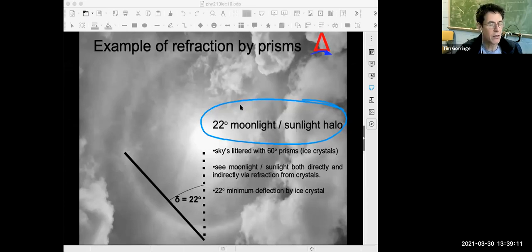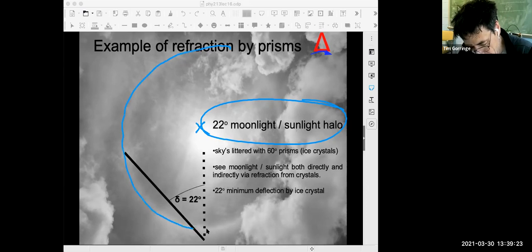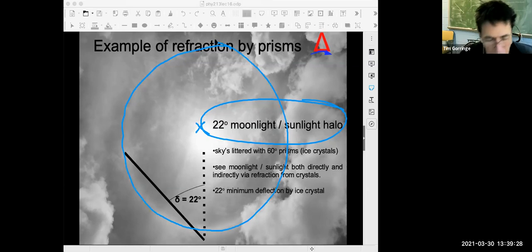Where does that circle around the moon or the sun come from at this angle of 22 degrees? Here's a picture of it, right? In the center here is the sun. And see this circle, this ring? Where does that come from? Well, it comes in the following way.